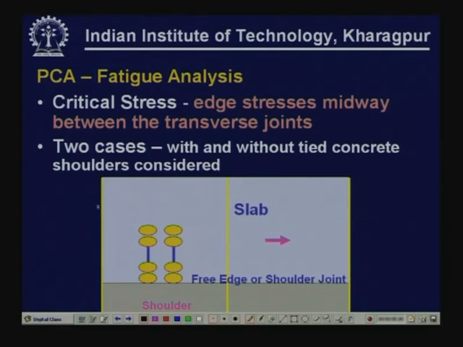If you consider these two transverse joints, and this is the longitudinal edge, which is the free edge, and next to this we have a shoulder.